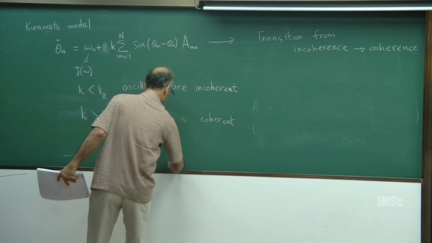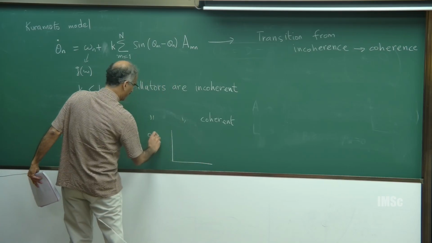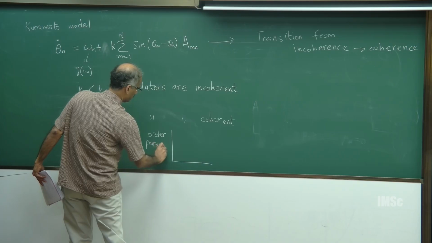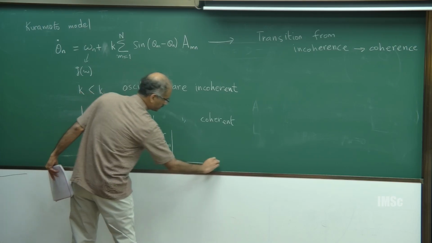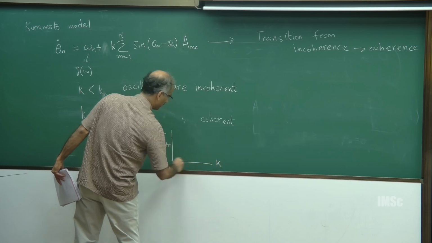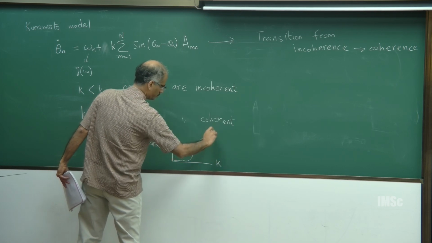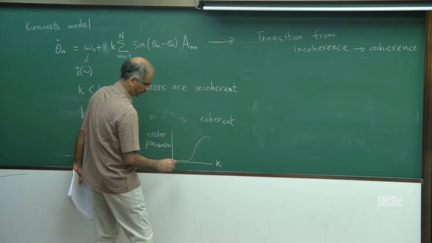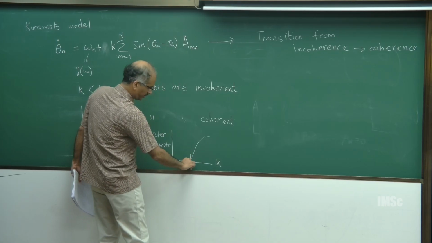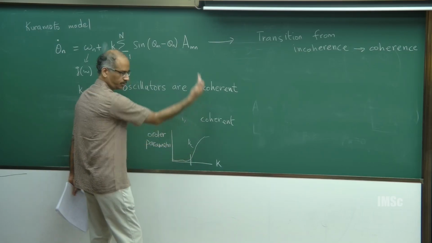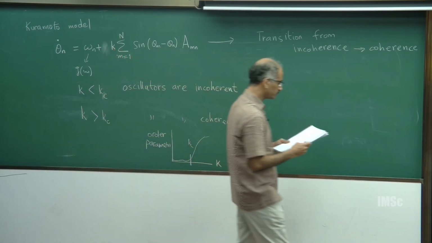In other words, it is like saying that I have some order parameter which characterizes these states, and here is the order parameter as a function of K. Maybe it is 0 somewhere here and then goes up like this, becoming non-zero. Roughly somewhere here could be Kc, where it goes from 0 to non-zero.